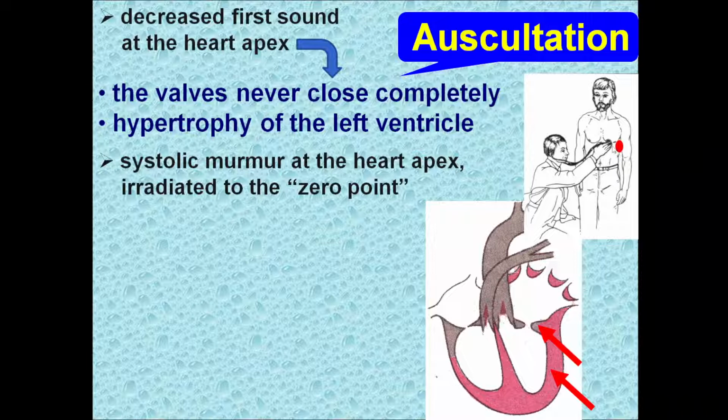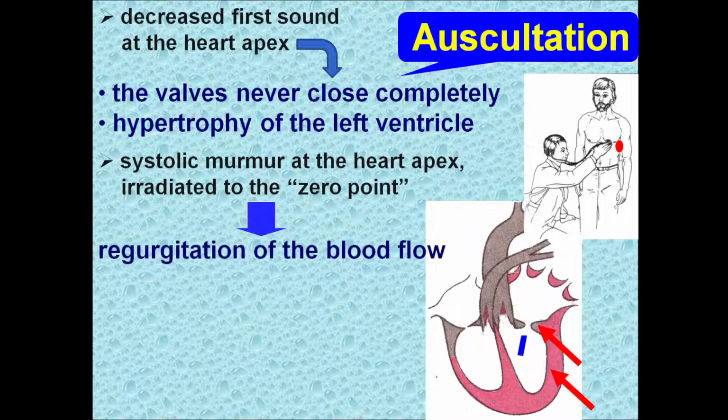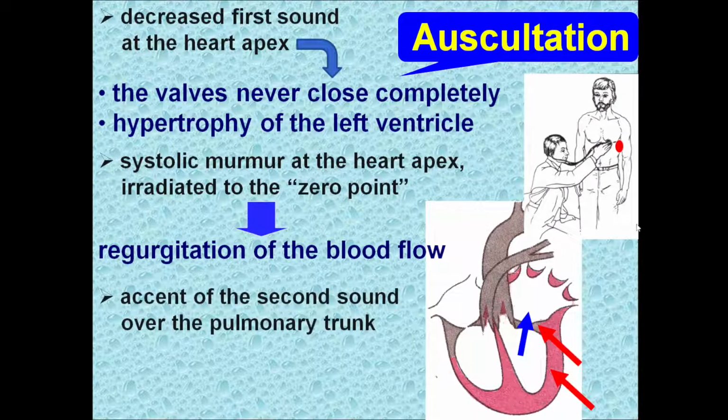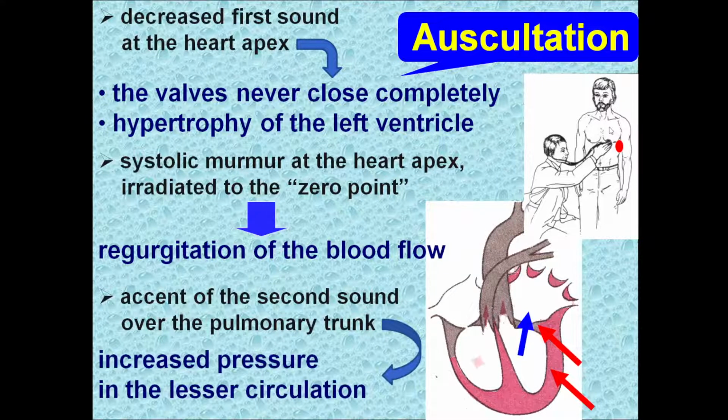If you remember, irradiation of a murmur is characteristic only for organic heart murmurs, which helps differentiate them from functional ones. And over the heart base we will hear an accent of the second sound over the pulmonary trunk, to the left of the sternum, due to increased pressure in the lesser circulation.